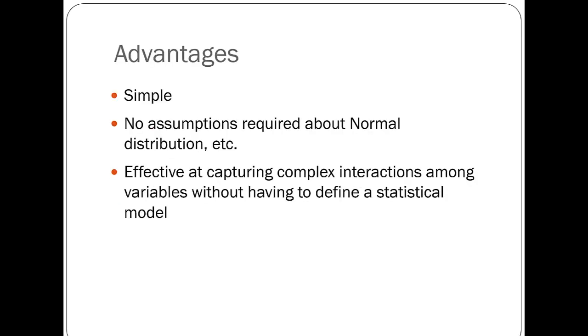The advantages of doing this is it's very simple, and you don't have to make any assumptions about the normal distribution, etc. And you can effectively capture complex interactions among a lot of the variables without having to define a model, because again, this is a data-driven thing.